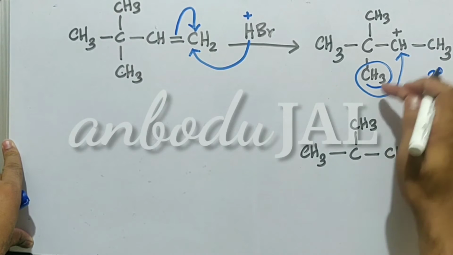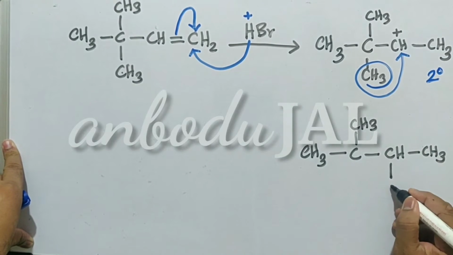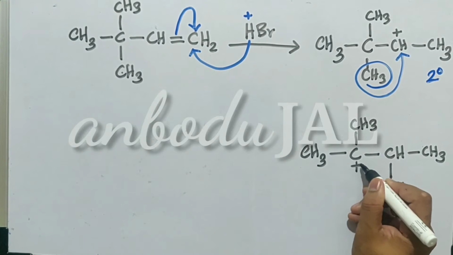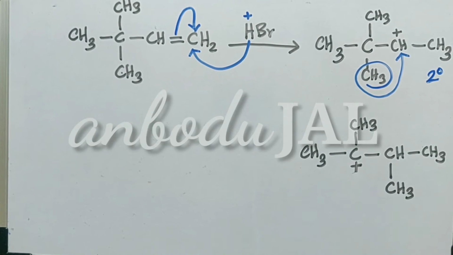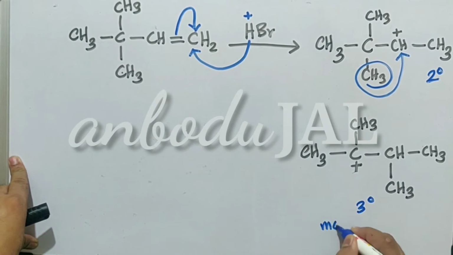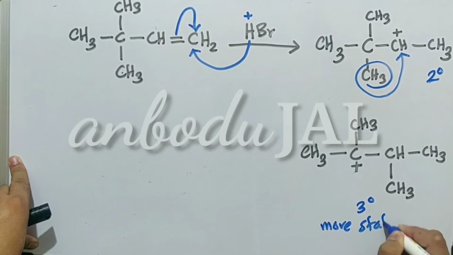So CH3 minus and CH plus, what happens? Neutralization, and the CH3 group comes here. This carbon becomes positively charged. Okay. This carbocation is a tertiary carbocation which is more stable.